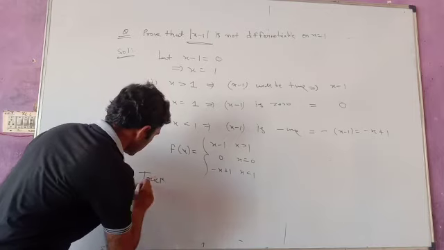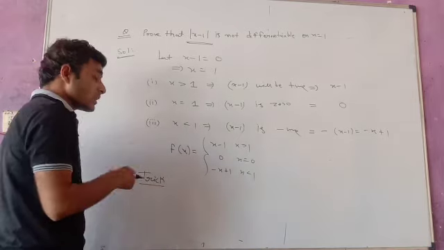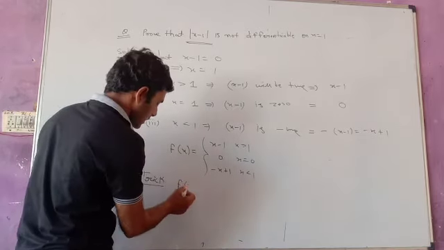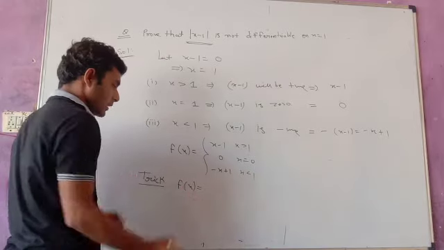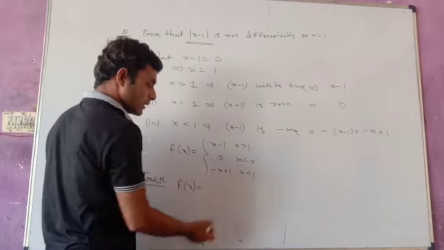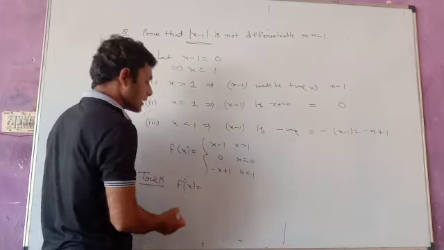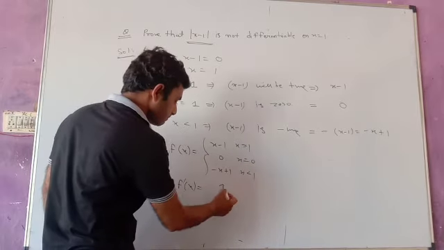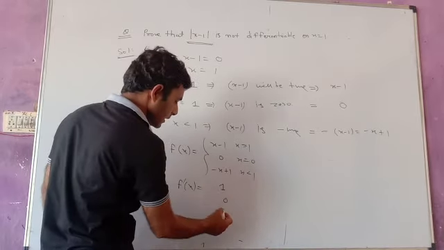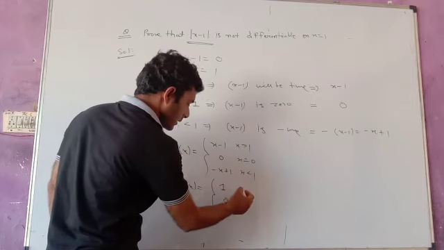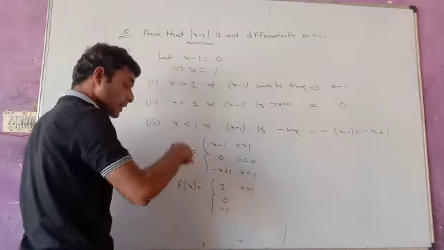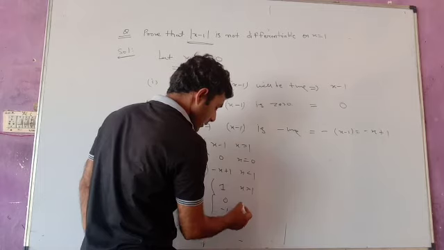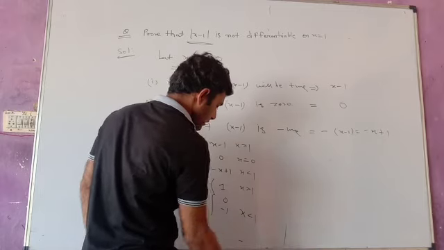We have a short trick. After differentiation we can apply it. f(x) is given as x minus 1, 0, minus x plus 1. Then f dash x is 1, 0 and minus 1, when x is greater than 1 and when x is less than 1.